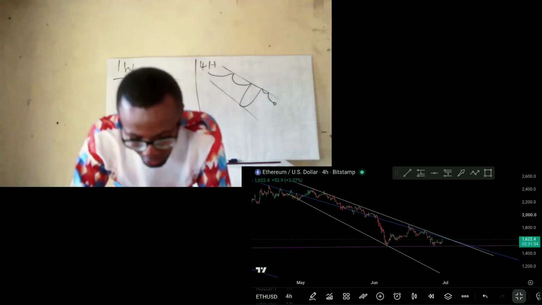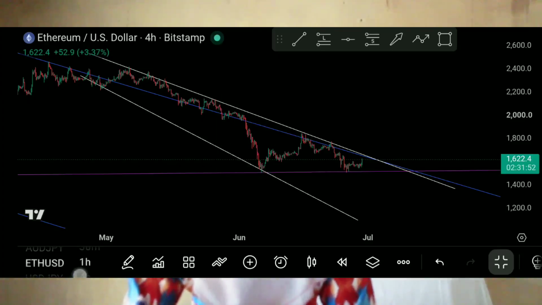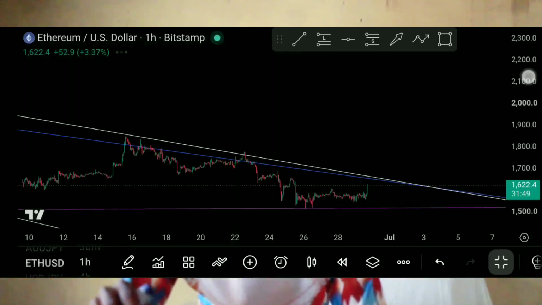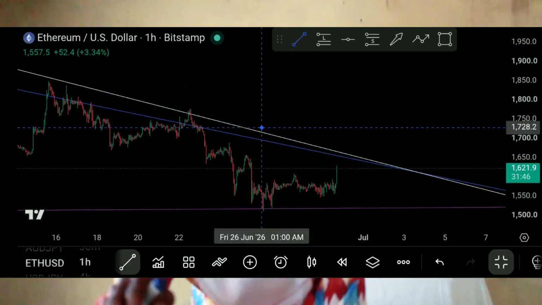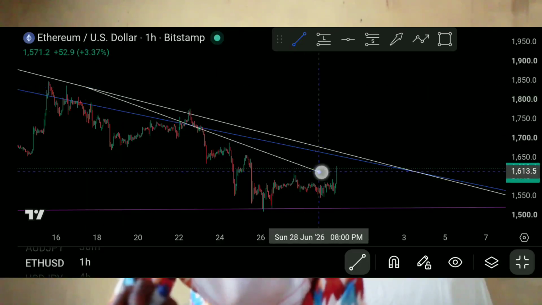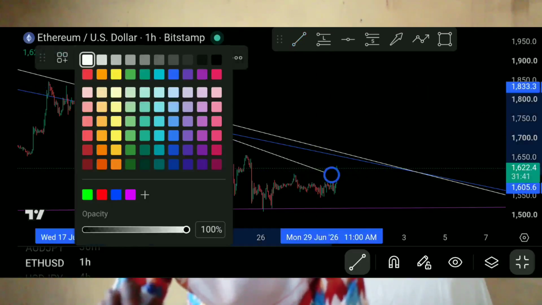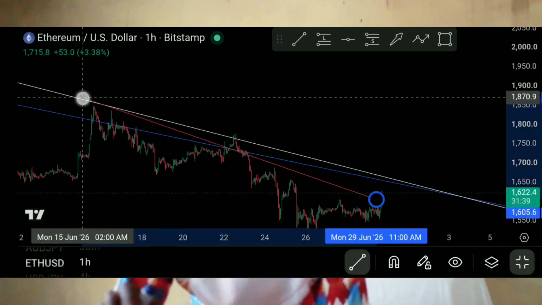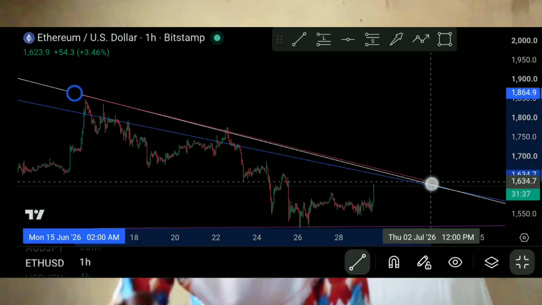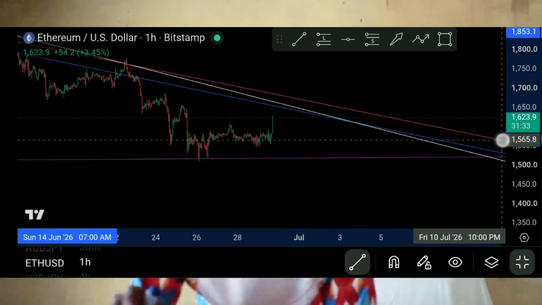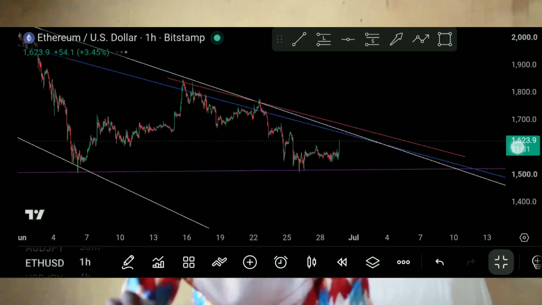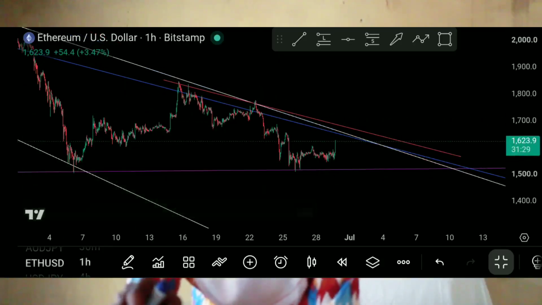Then let's come to the 1-hour time frame. The 1-hour time frame is also a downtrend. Let's make this one red. Look at this 1-hour time frame now. You can see what is going on here.